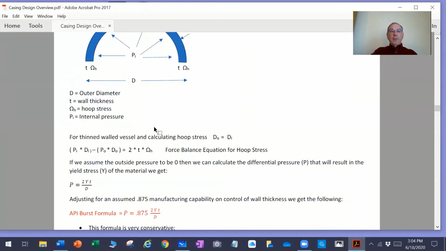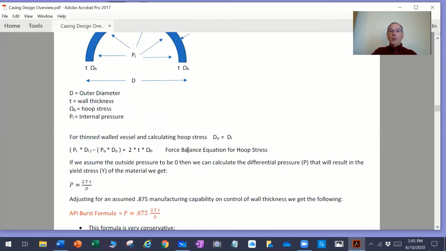So for thin-walled pipe, we can almost think that the OD and the ID are very close to each other on something that is very, very thin-walled. So for something very thin-walled, if we take the pressure on the inside times the diameter of the inside minus the pressure on the outside times the diameter on the outside, that is going to equal 2 times the wall thickness times the stress.